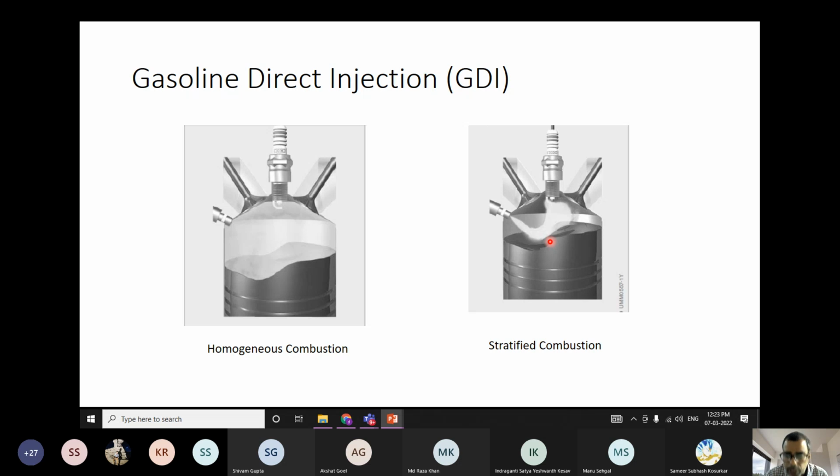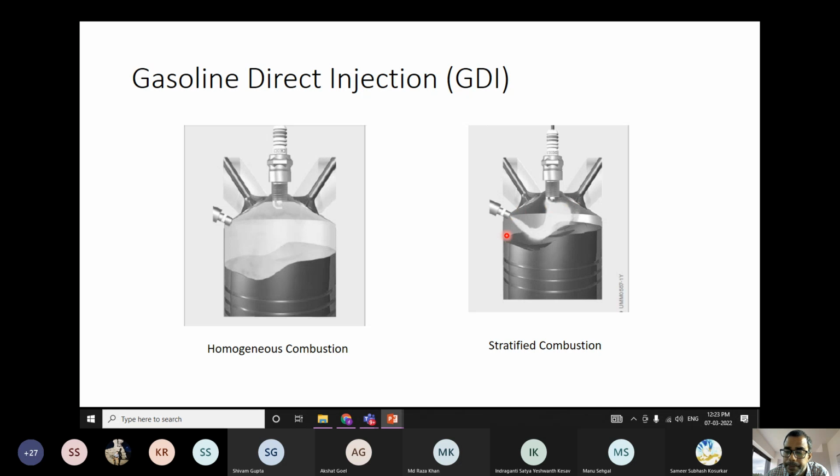The shape of the combustion chamber is very complicated. Stratified, what does it mean? It means the homogeneity level inside the combustion chamber will vary a lot.